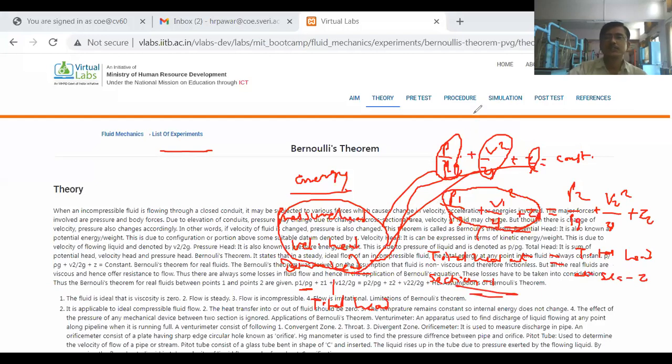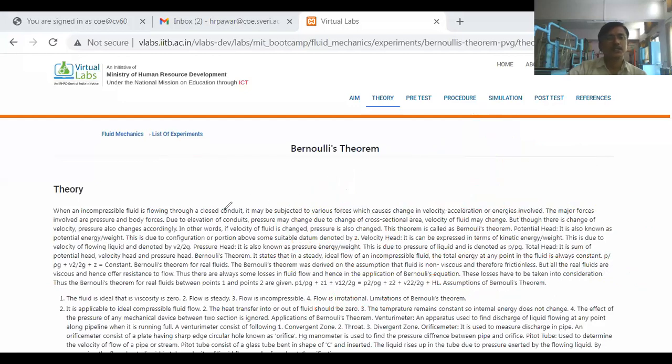So this is the Bernoulli equation, and this is the theory of it. In any ideal, incompressible, steady fluid, the total energy or total head remains constant. This is the statement of Bernoulli's theorem. This was the theory that we have learned.